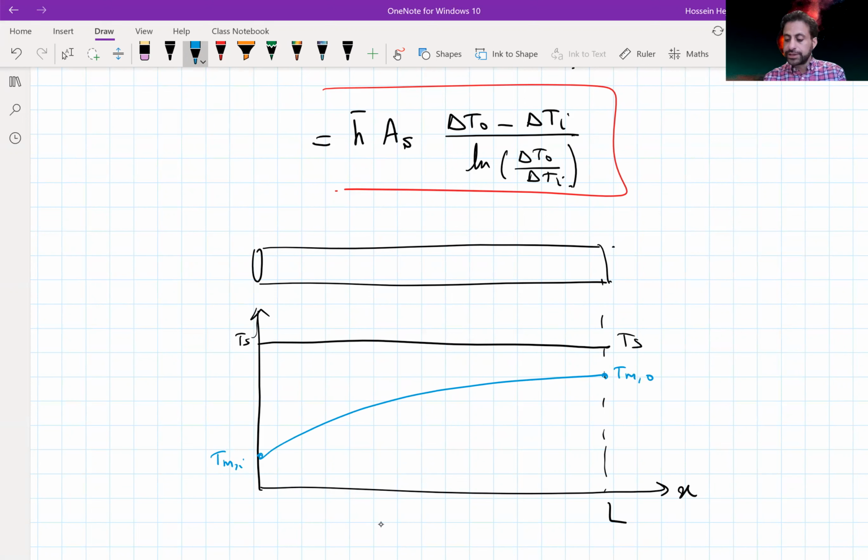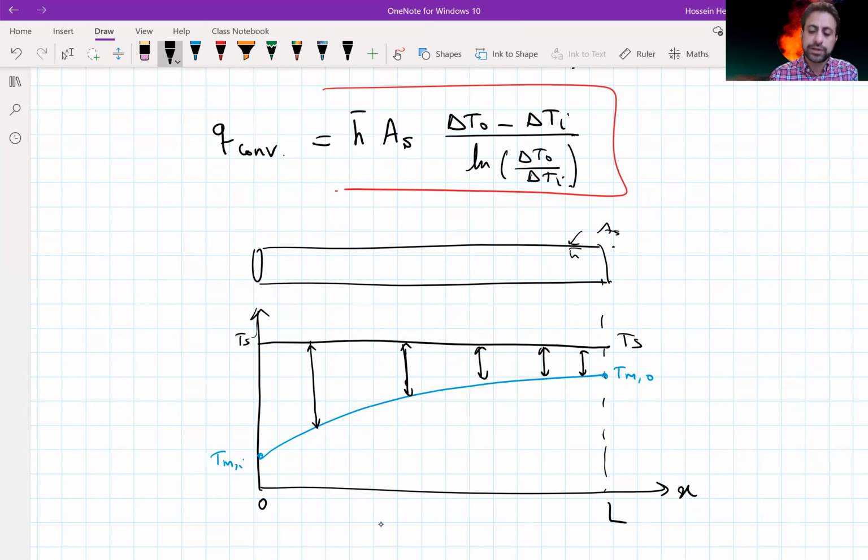So in order to find the total Q that is exchanged between the fluid and wall, I need to get this delta T at any of these x locations. Now, this is the way that we have done it. So that Q convection is going to be h average along the surface of the wall. So this is As, and we have h average that we have evaluated for the internal surface. And this is going to be showing the average of that delta T that we require.